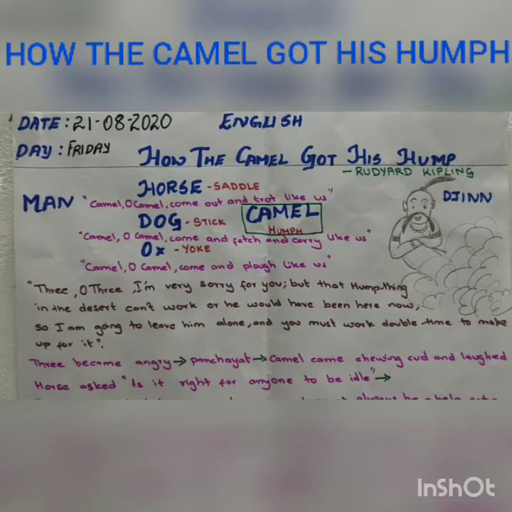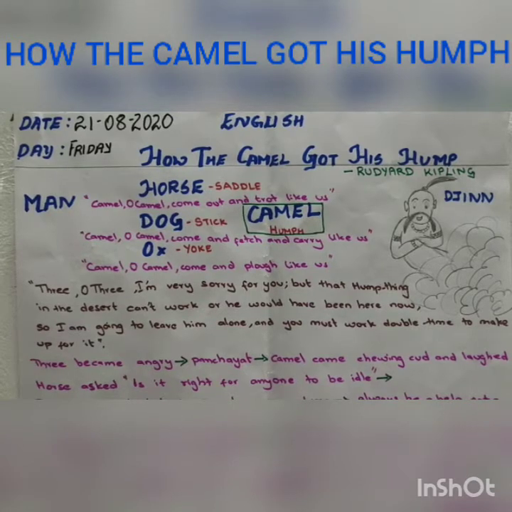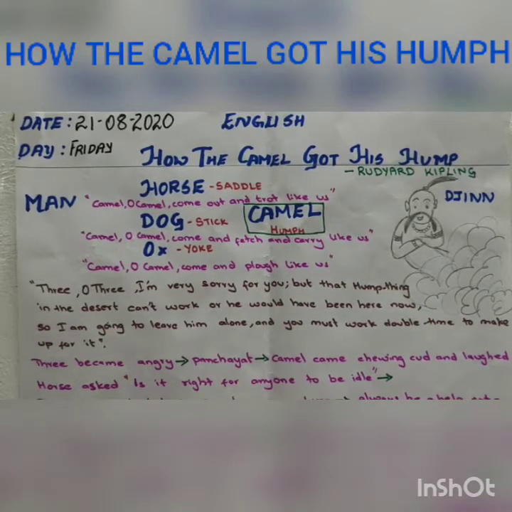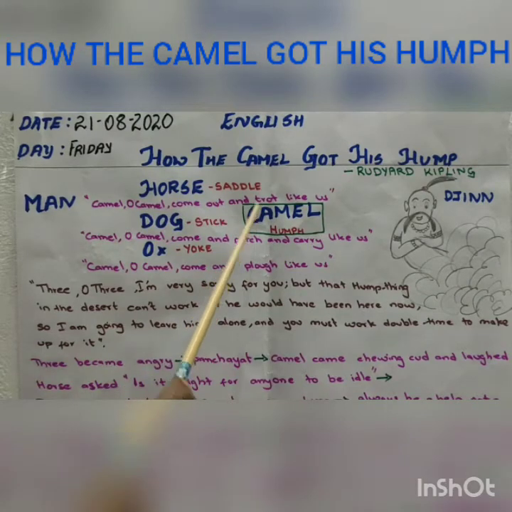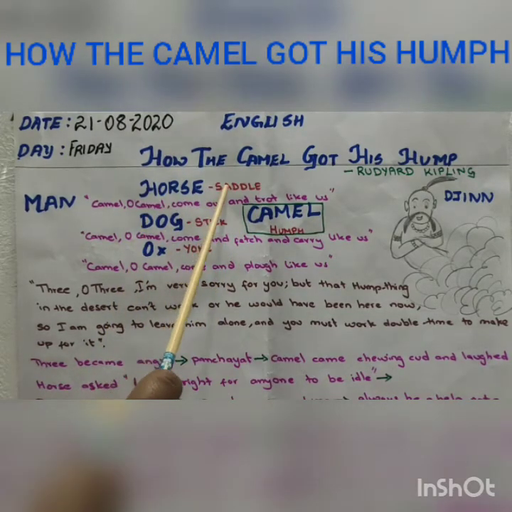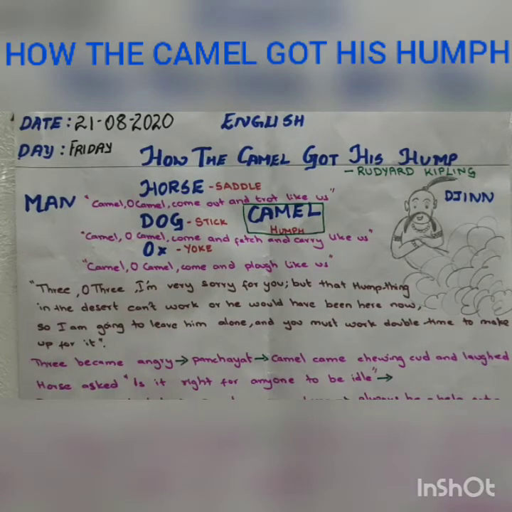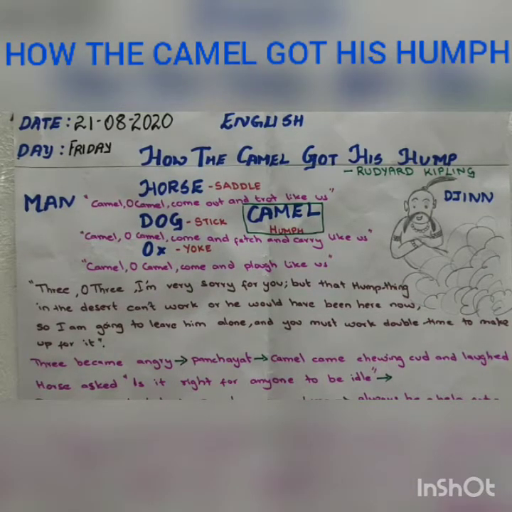The camel always sat in the middle of the desert. One day the horse came to the camel with a saddle on his back. A saddle is used for a rider to sit on a horse. The rider has a saddle on the horse and then he sits on it.